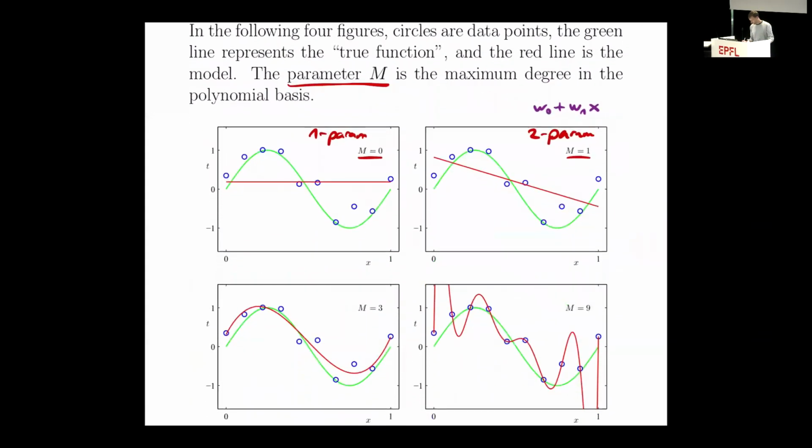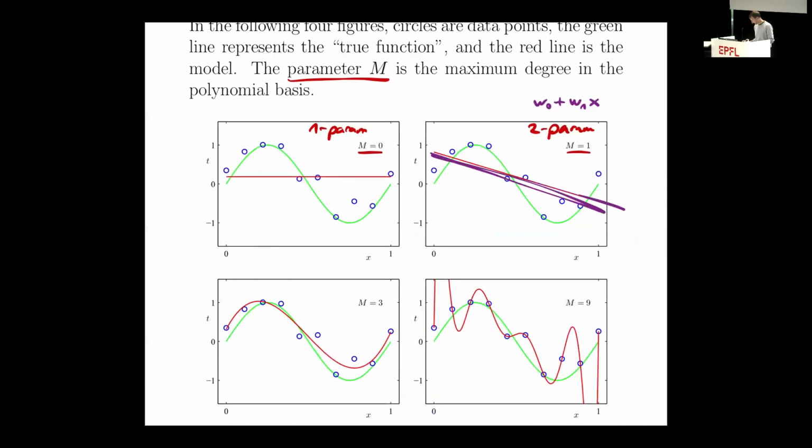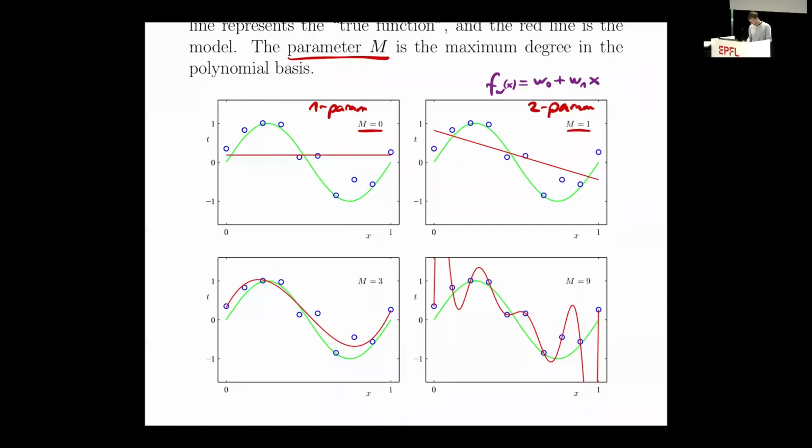So that's here, and the effect is what you expect. Yes, it can actually learn something a bit more powerful. So that's FW of x. Now the red line is much more interesting, I hope you agree with me. It fits the data a little bit better, the blue points. It doesn't fit super well. The first model where it's actually fitting rather well is this one, the 4 parameter case.